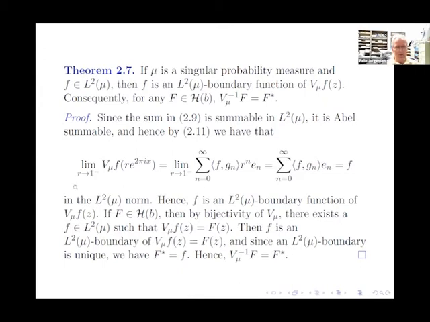And so to be precise about the Fourier representation of the functions f in L2 of mu, I can say that we can make a precise Abel summation formula with the use of our Cauchy transform V mu, and so we're sitting inside the branch subspace of the Hardy space where we do this.